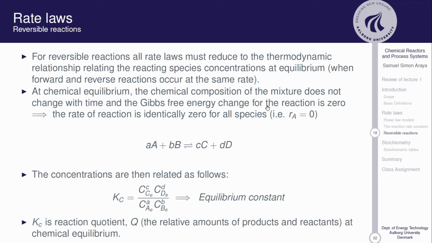And when we have such a situation, the chemical composition of the system does not change, because, as we said, the reactants and products are forming at the same time. But we can define an equilibrium constant as the product of the concentrations of the products to the power of their coefficients, divided by the concentrations of the reactants to the power of their coefficients.